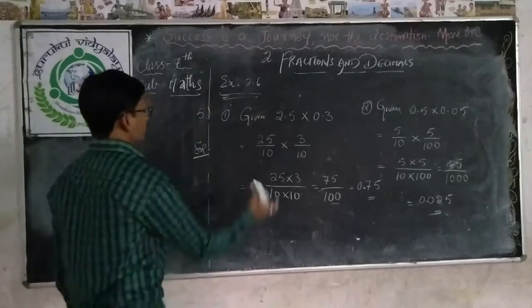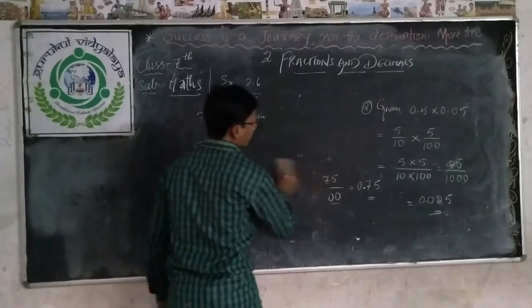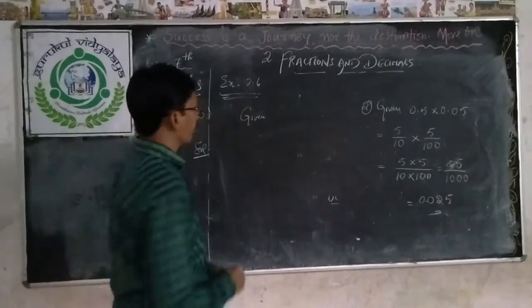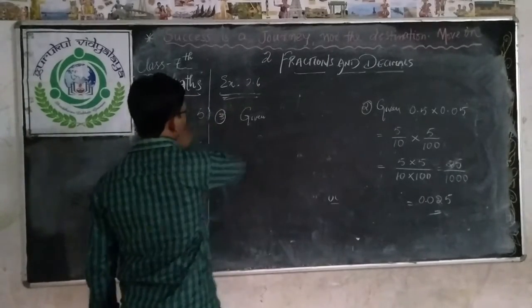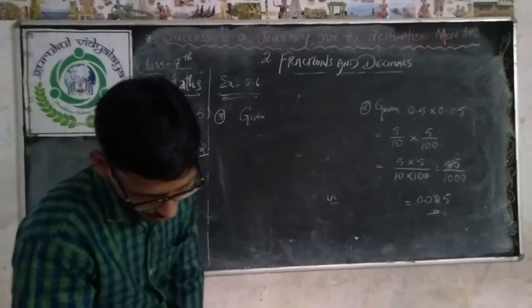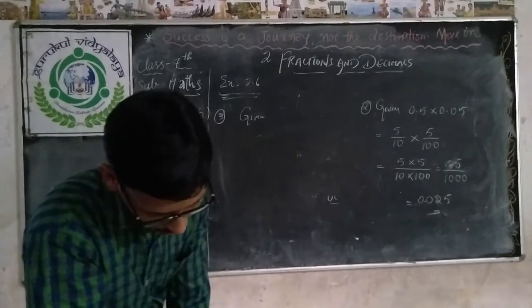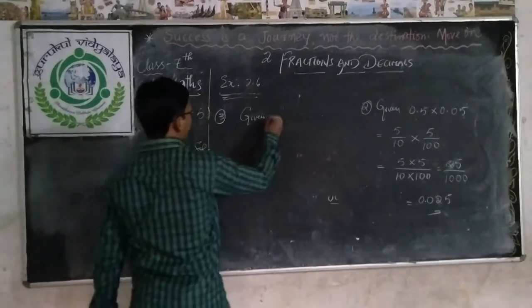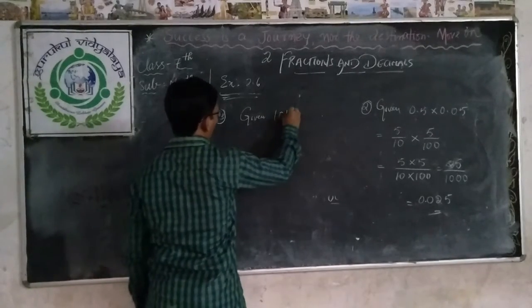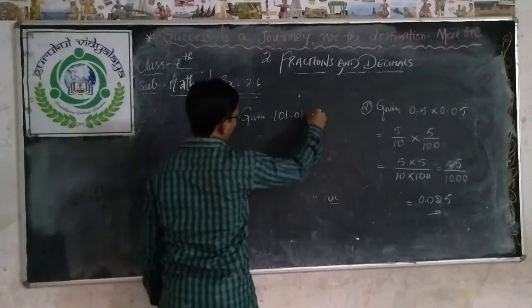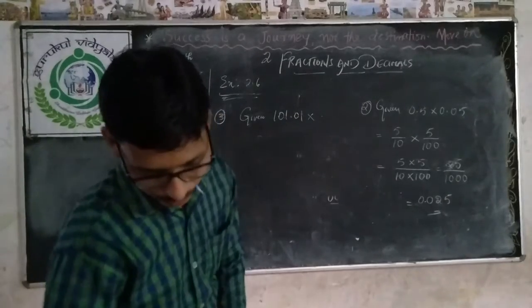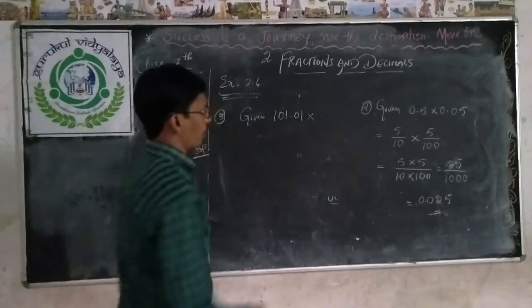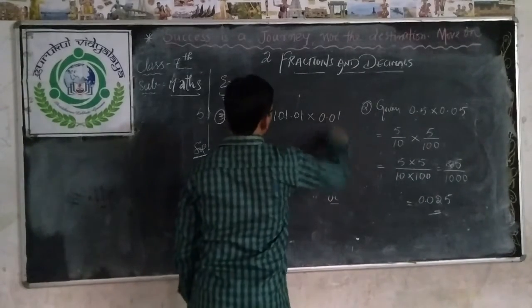Let us do one more problem. Third problem. 101.01 into 0.01.